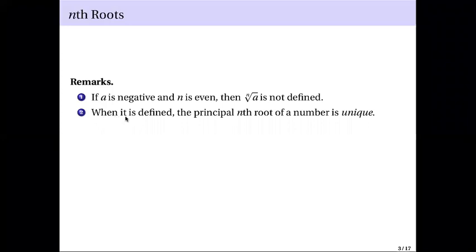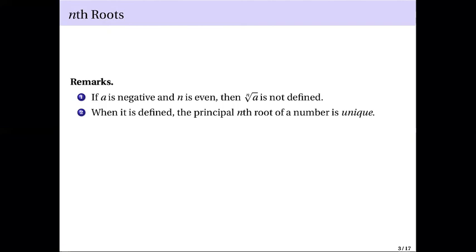Now when it is defined, the principal nth root of a number is unique. So there will only be one principal nth root.